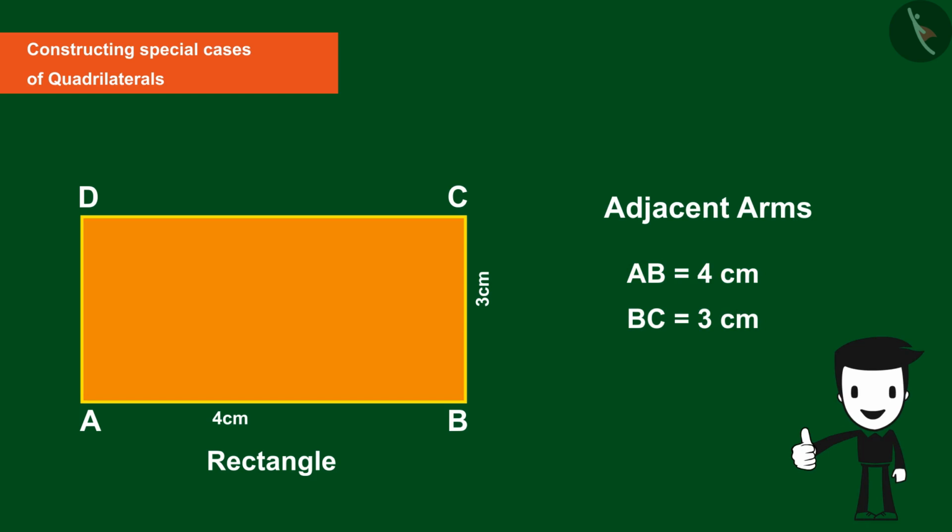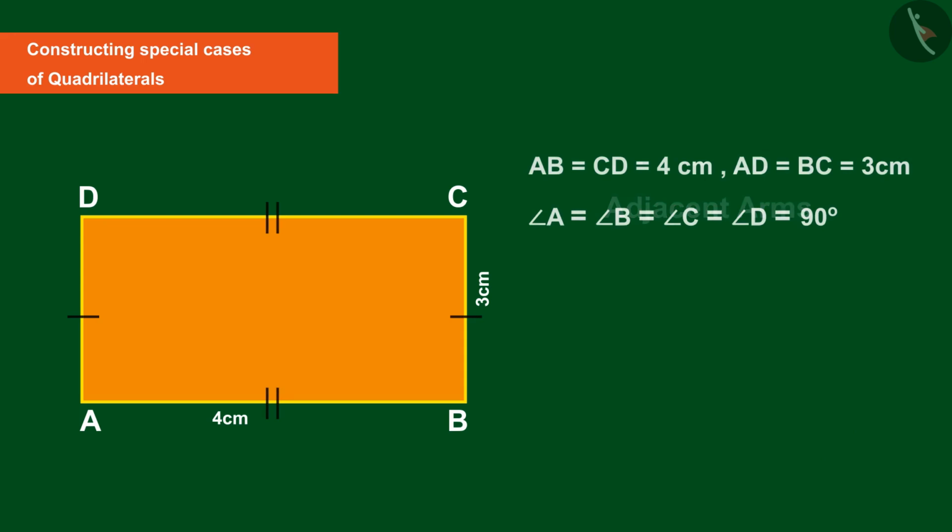Construction of ABCD is possible. The measurement of the opposite sides in a rectangle is equal and all angles are 90 degrees. So, we get 8 measurements, 4 sides and 4 angles, from which we can construct the rectangle ABCD.